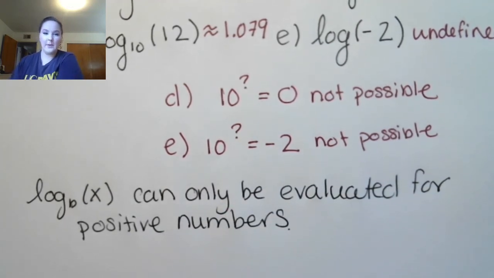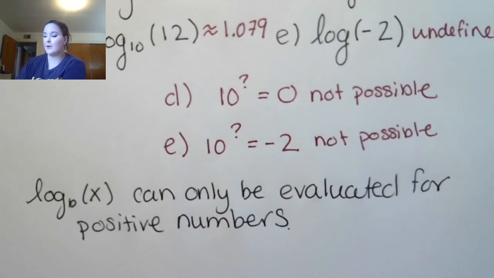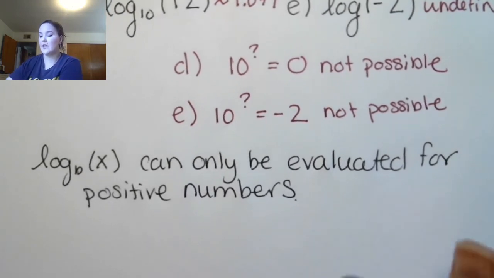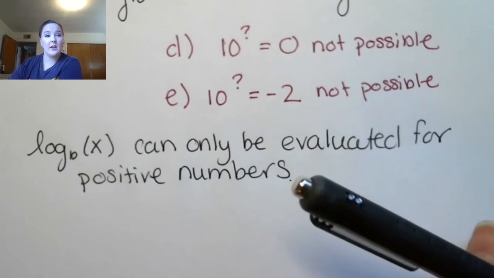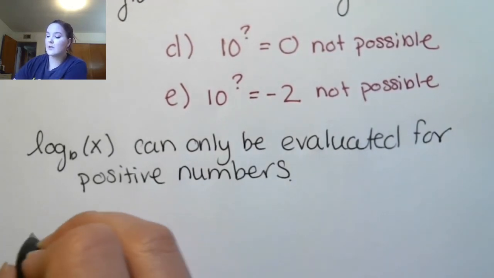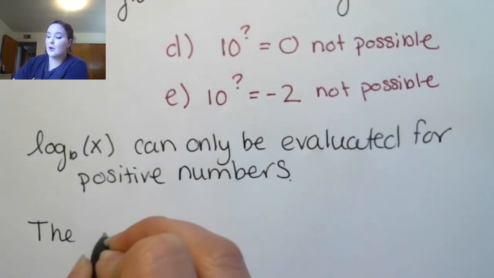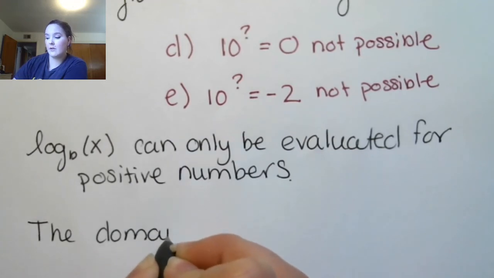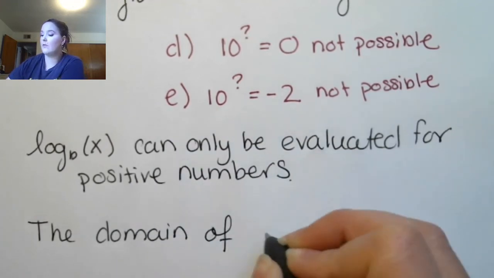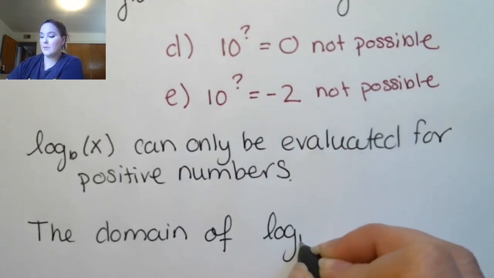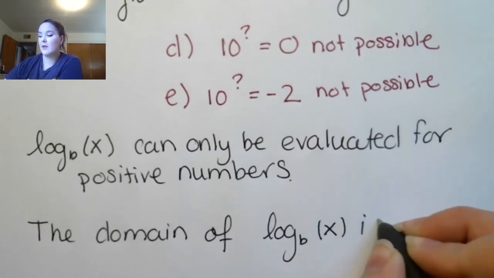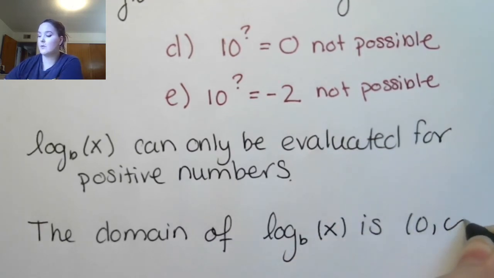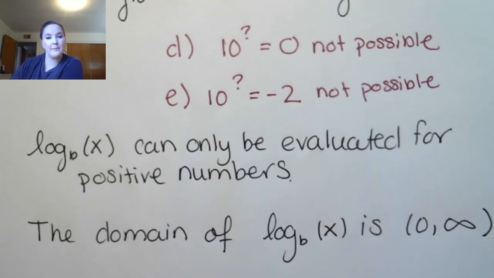Log base b of x can only be evaluated for positive numbers. Now, if we write this in the language of functions, that would say that the domain of log base b of x is 0 to infinity. These are saying the same thing, that you're only allowed to plug in positive numbers to the log.